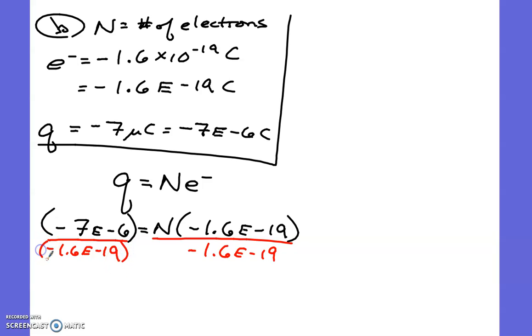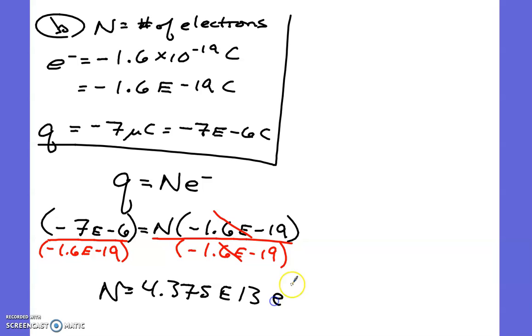Just make sure when you're doing this in your calculator that you put parentheses around things, depending on how you have to show scientific notation. We get that the number of electrons is 4.375 times 10 to the 13th. And the units would be just the electrons, the sheer number of electrons we have.